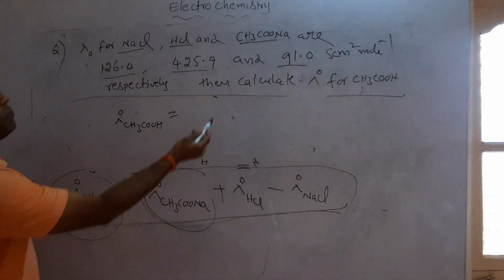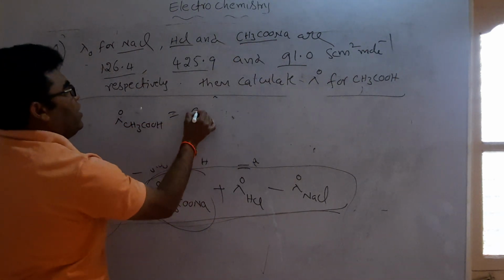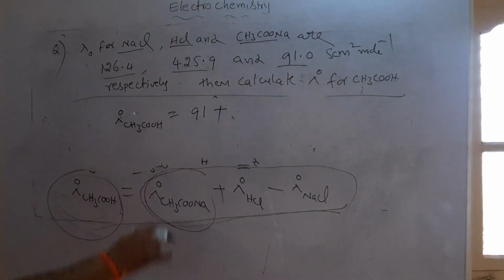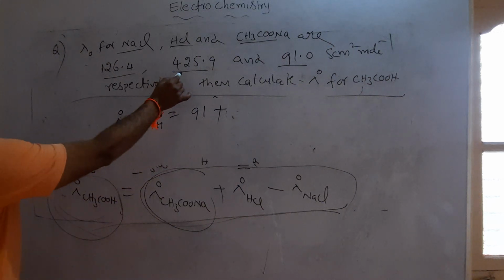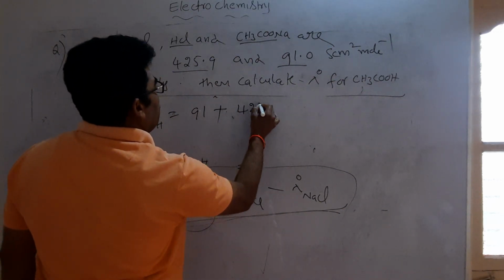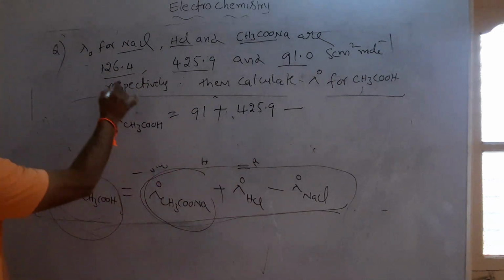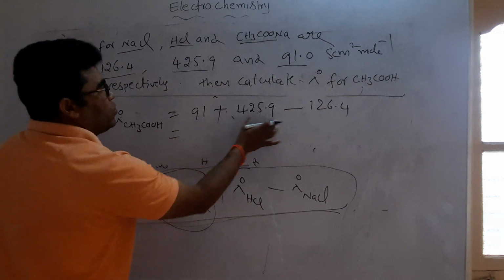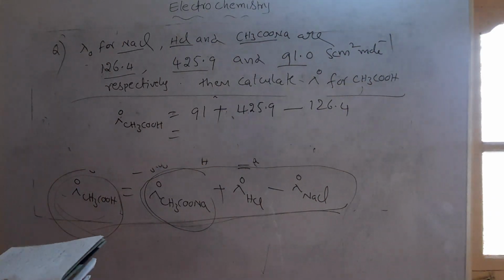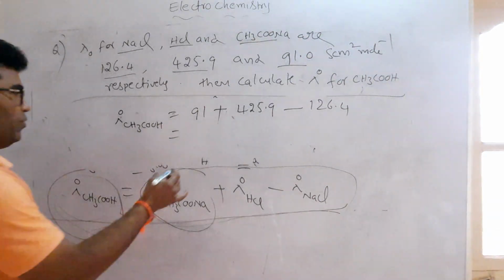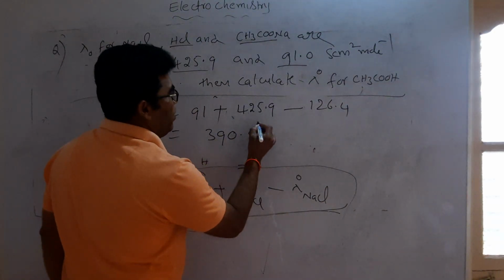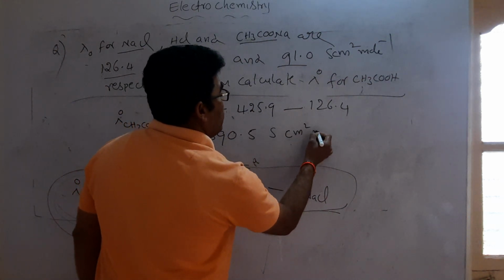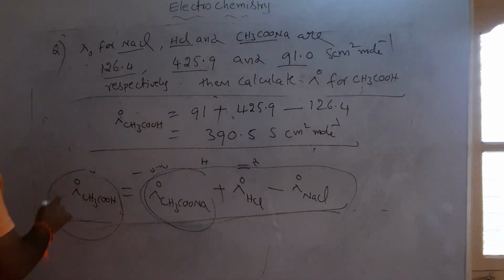So sodium acetate 91 plus HCl, 425.9 minus NaCl, 126.4. Now add these two and subtract that one. Then how much will you get? 390.5 Siemens centimeter square mole inverse.